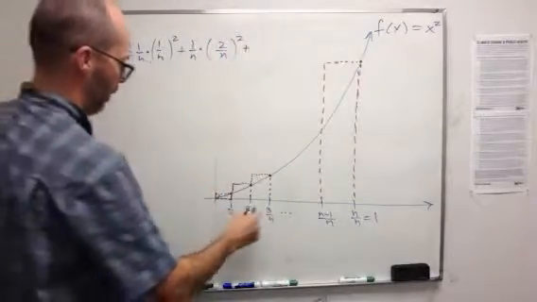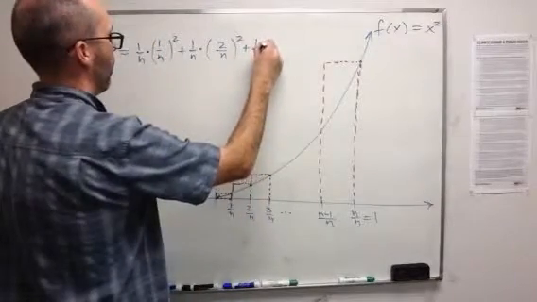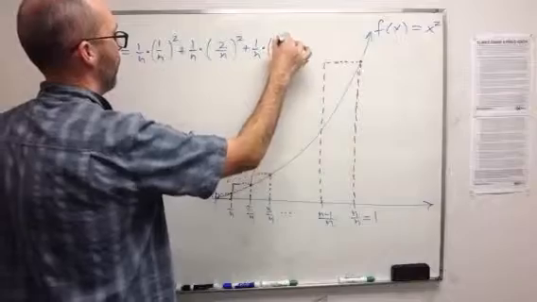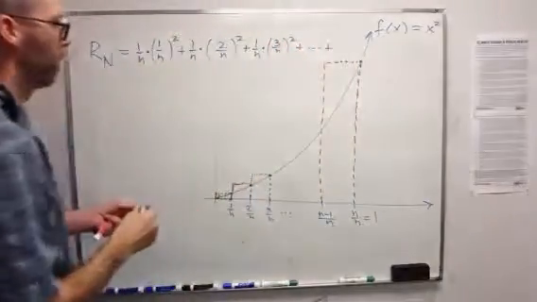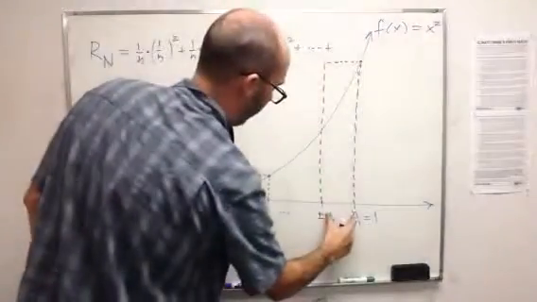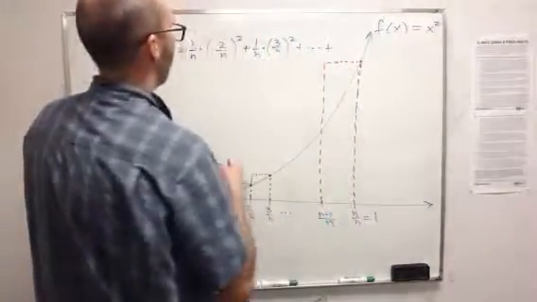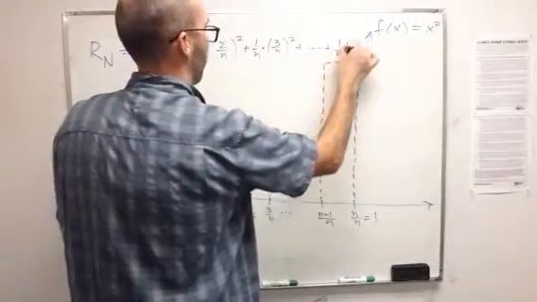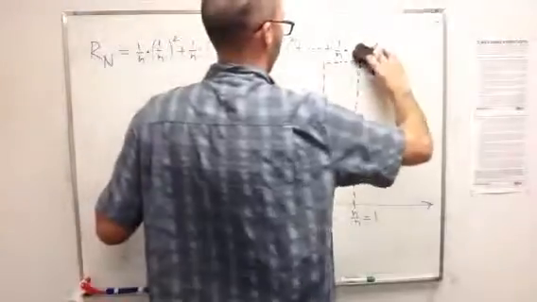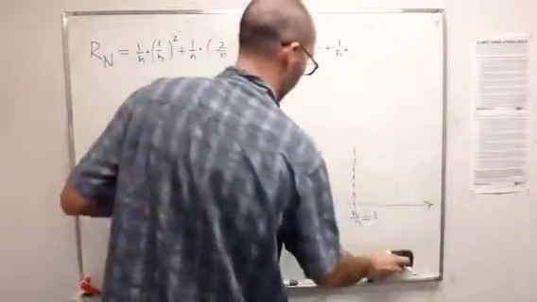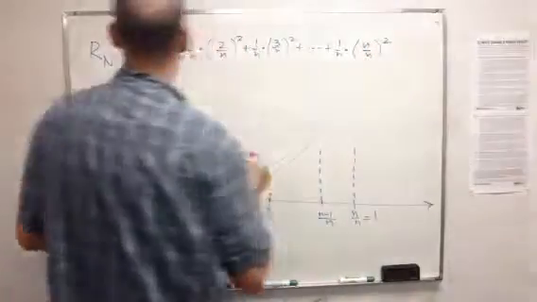Plus, again, this distance is 1 over n times 3 over n squared. This continues on until we get to this last one, whose width is, again, 1 over n, and the height is n over n squared.